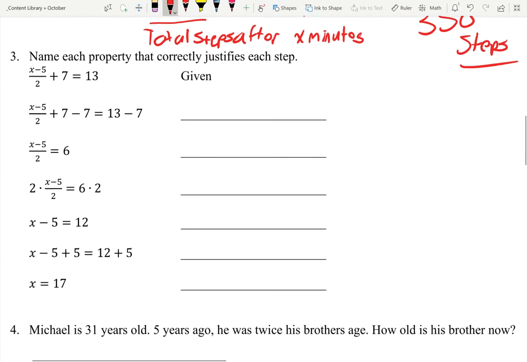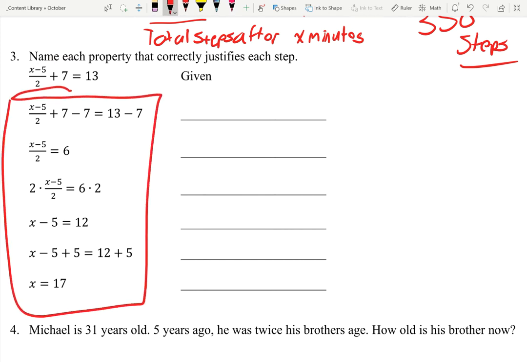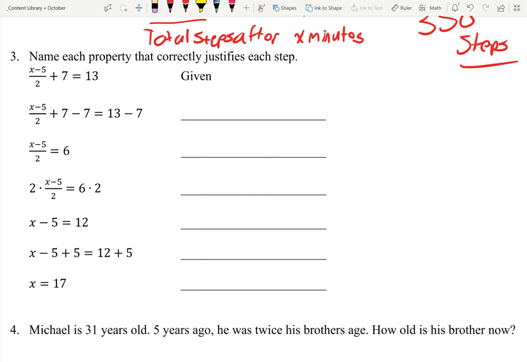All right. Number 3, we didn't talk about this too much. We definitely talked about it a little bit, but we never really got too specific with it. So here we have an equation, and all these steps down here is that equation being solved, using specific properties in order to solve it.